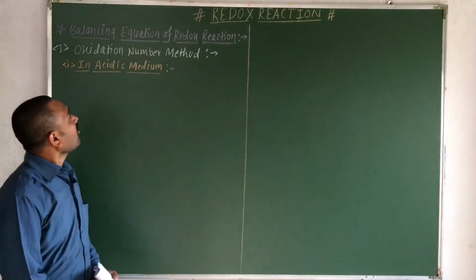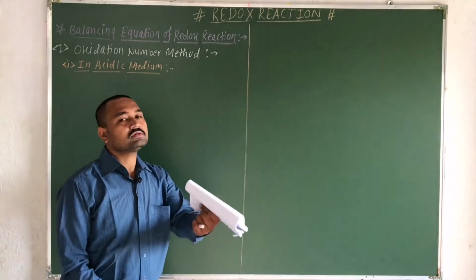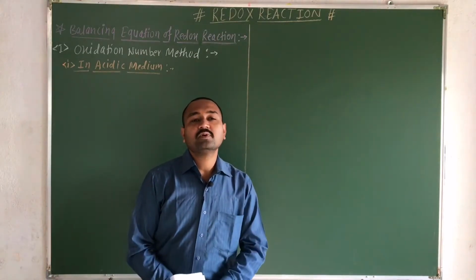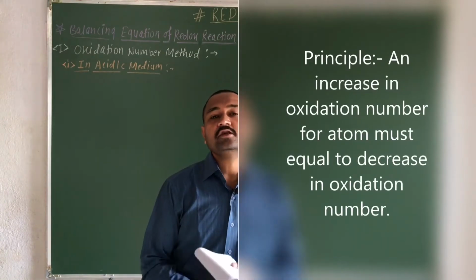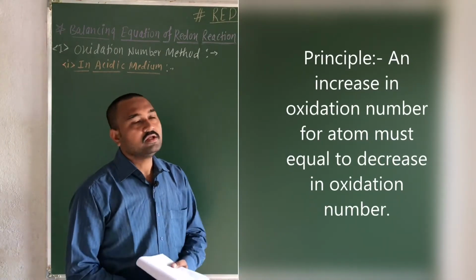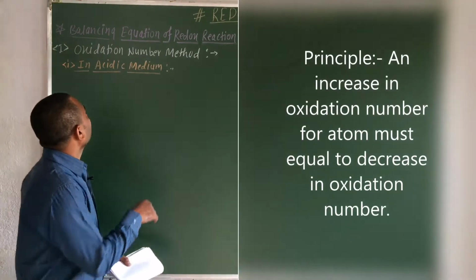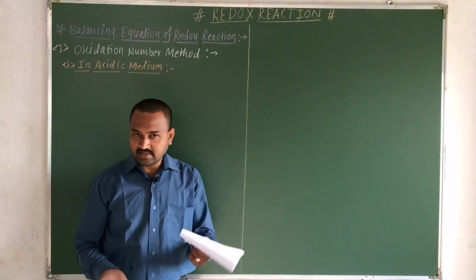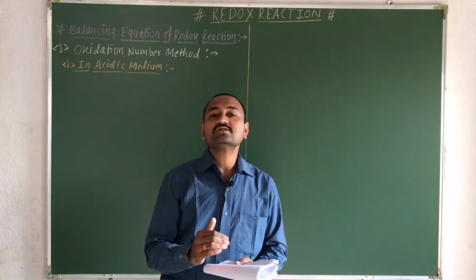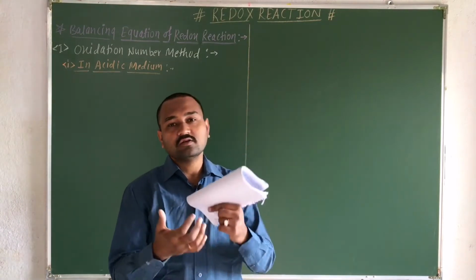So now we will start with the first method, the oxidation number method. What was the principle? The principle is very simple: net increase in oxidation number equals net decrease in oxidation number. In this method we will start by balancing the redox reaction in acidic medium. This systematic procedure involves a few steps.